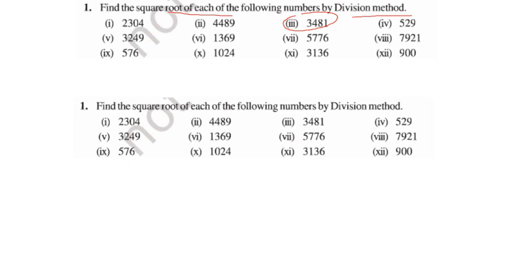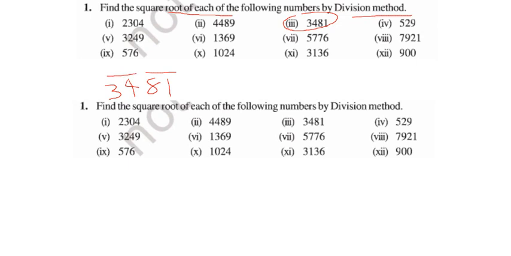First you have to make pairs of these numbers. You start from the right side and two numbers make a pair. So 34, 81. 81 is one pair, 34 is another pair.